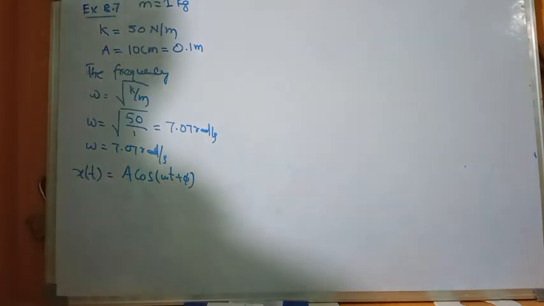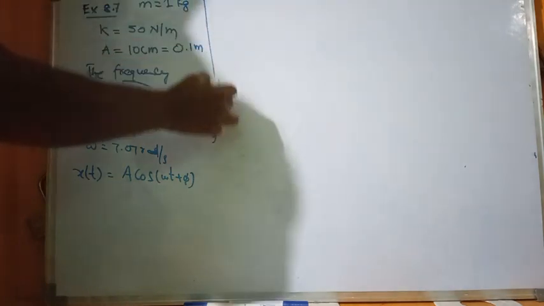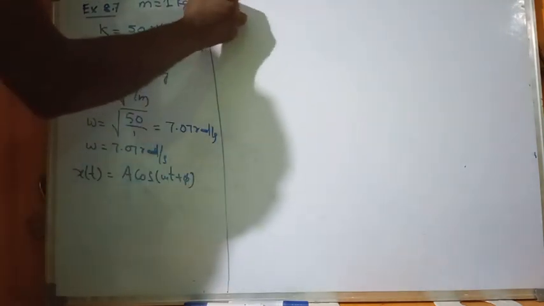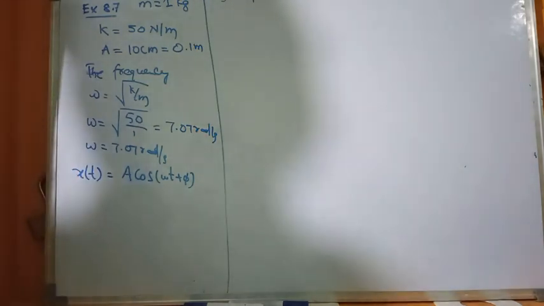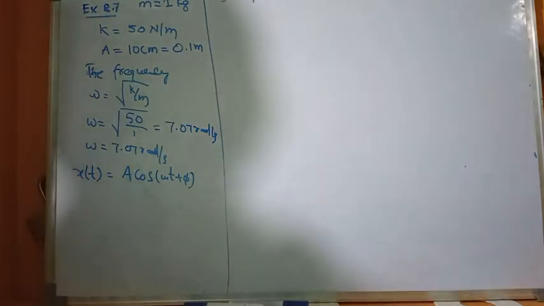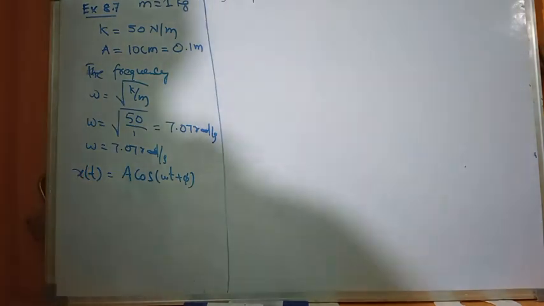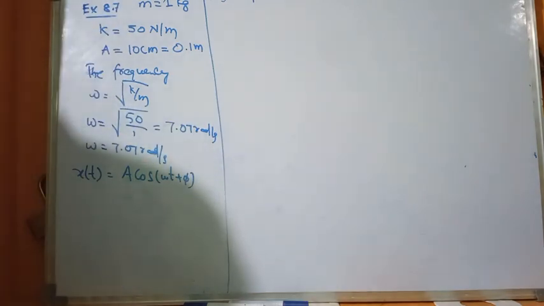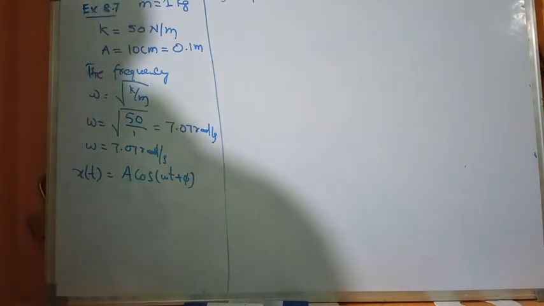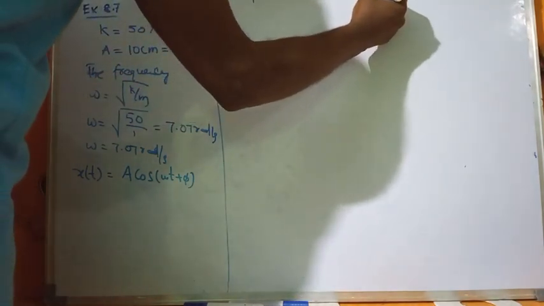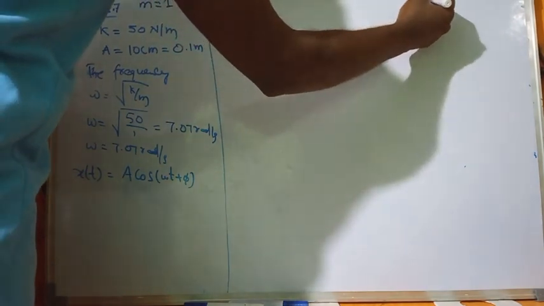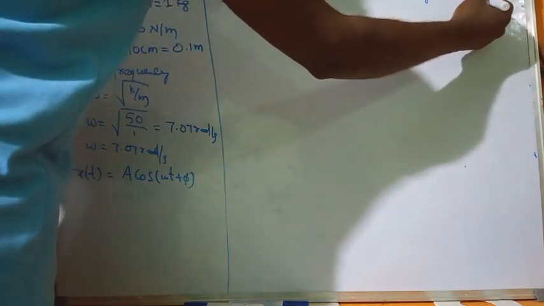Now we have to find the displacement at x is equal to 5 centimeters away from the mean position.